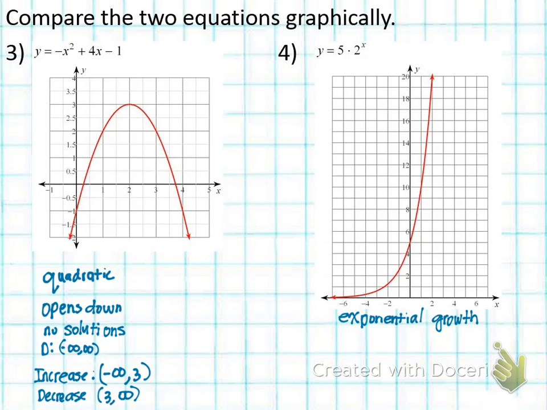There isn't anything like solutions in exponents, but we know about domain. What's the domain of this? How far to the left and right does this go? How far to the left does it go? When does it start? Negative infinity, right? How far to the right does it go? To positive.